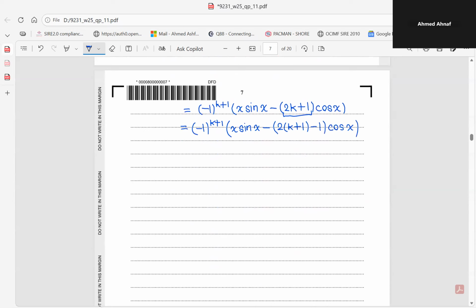And with that, we can say that since the case for n equals k is true, the case for n equals k plus 1 must also be true.